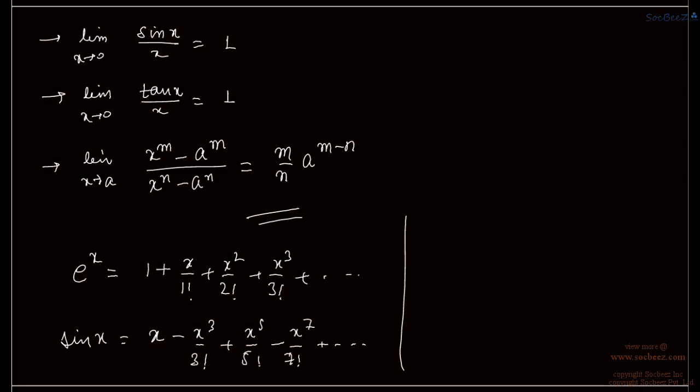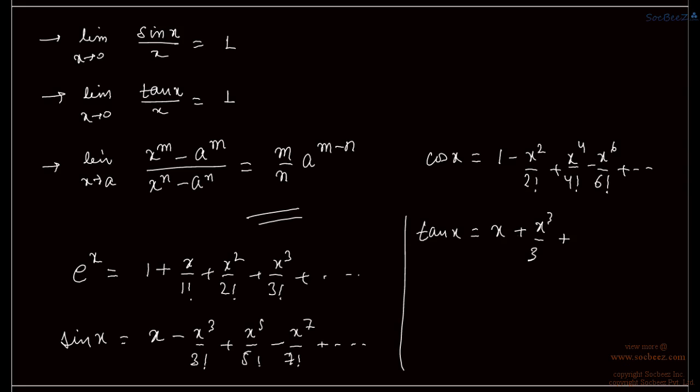We have the expansion of cos x as 1 minus x square upon 2 factorial plus x to the power 4 upon 4 factorial minus x to the power 6 upon 6 factorial plus dot dot dot. We have the expansion of tan x as x plus x cube upon 3 plus 2x to the power 5 upon 15 plus dot dot dot.